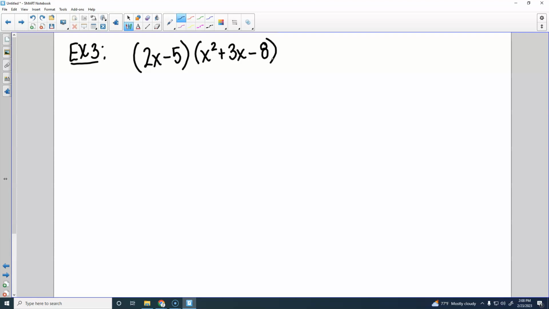So we've got 2x minus 5 times x squared plus 3x minus 8. So FOIL, first, outers, inners, last, does not work whenever you have 3 terms in one of your parentheses.